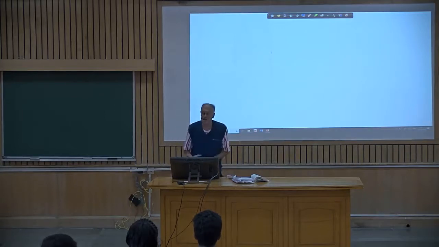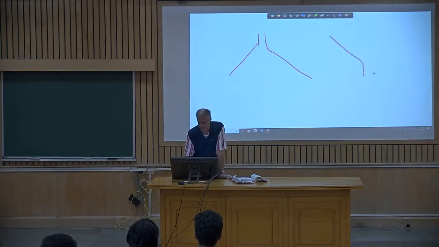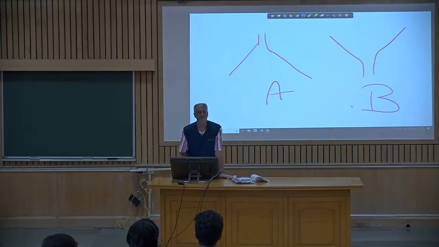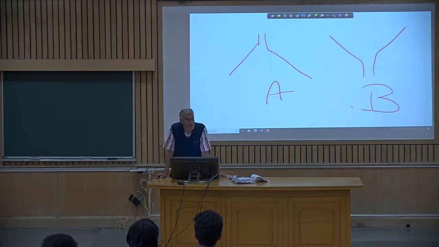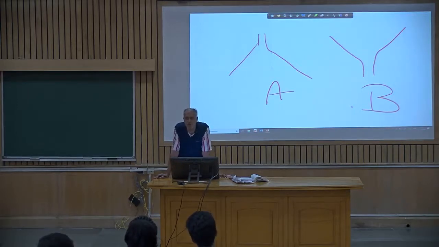So can I write it like this? Which is natural? A. For B to happen, it will not happen spontaneously. What do you need to do?